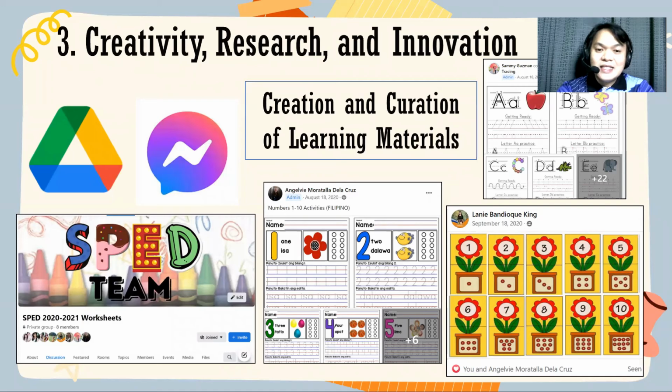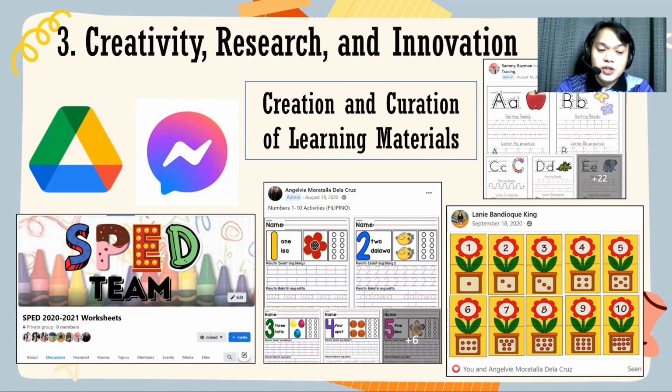The third and last C is creativity, research, and innovation. We do creation and curation of learning materials. So what is the difference between creation and curation of learning materials? In layman's terms, creation is originally made by the teacher and curation is adopted materials but with minor modification.